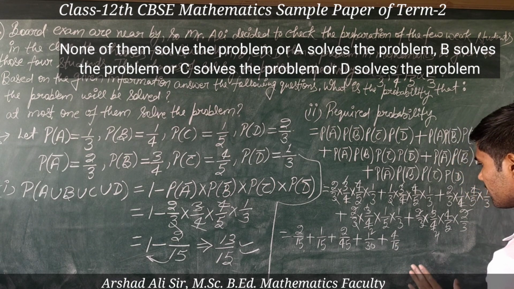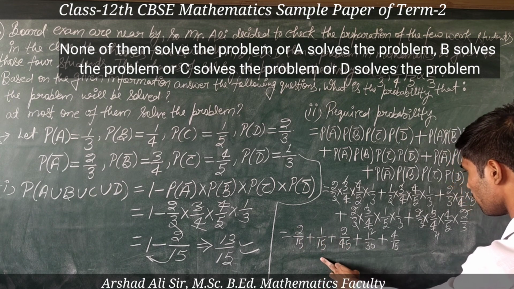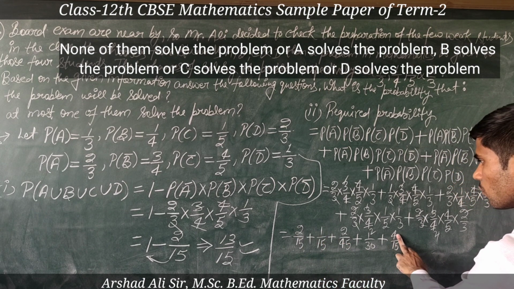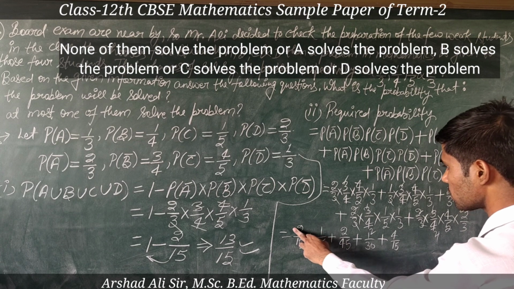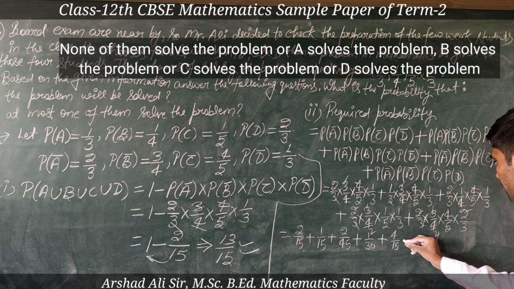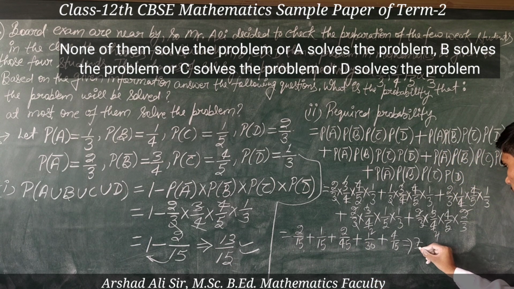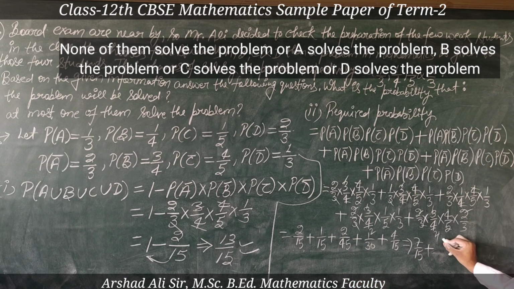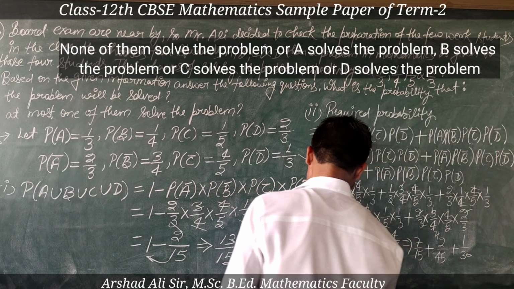You can see very clearly here 2 upon 15, 1 upon 15 and 4 upon 15. 4 plus 1, 5 plus 2, 7, 7 upon 15, 7 upon 15 plus 2 upon 45, plus 1 upon 30. Now you can take the LCM.